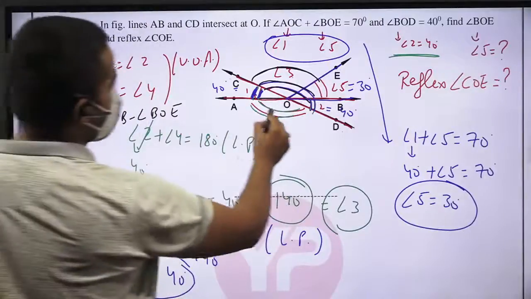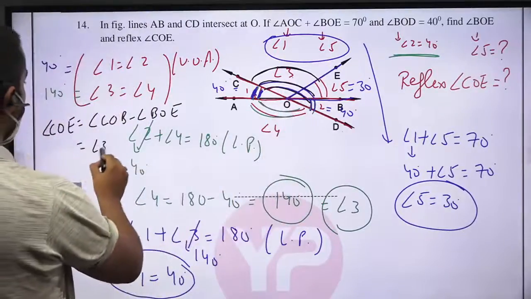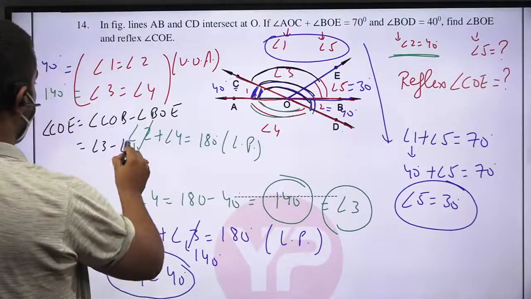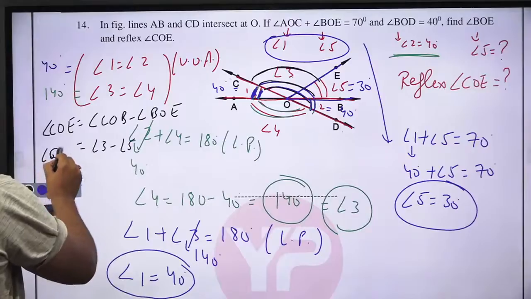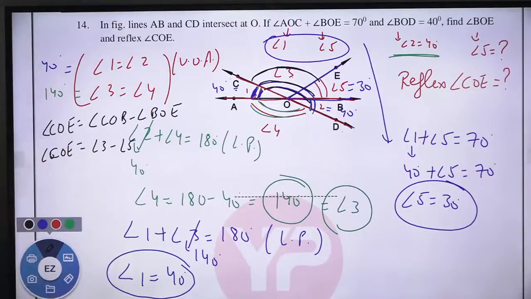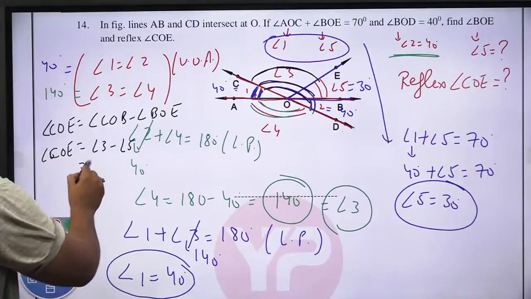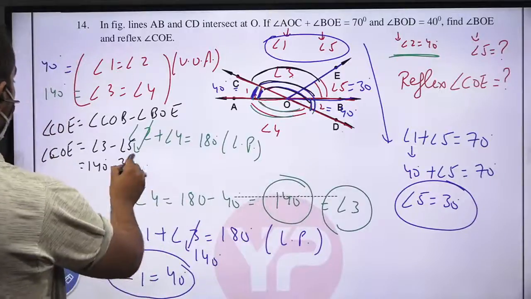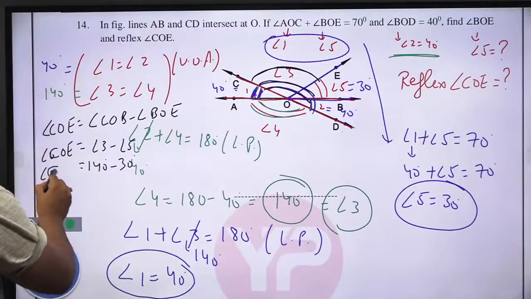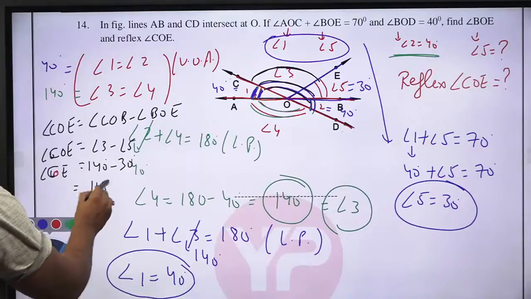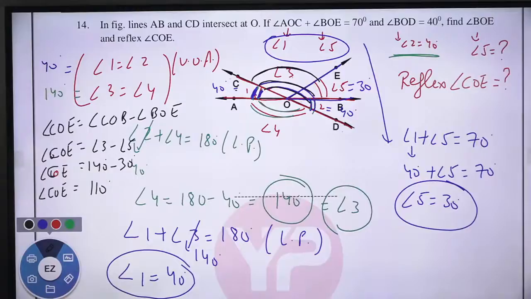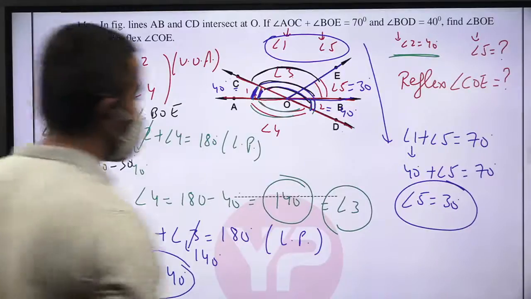Angle COB is how much? That is angle 3. And angle BOE is angle 5. So this is angle COE. Angle 3 is 140, and angle 5 is 30. So angle COE will be equal to 110 degree.